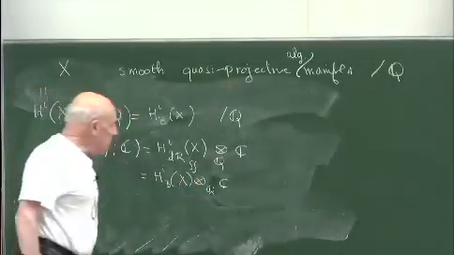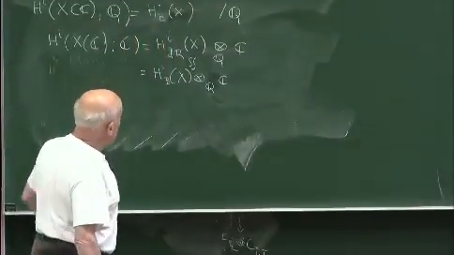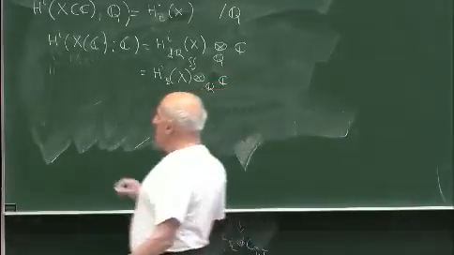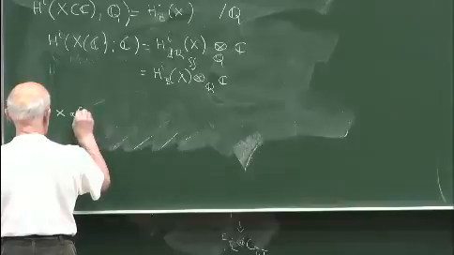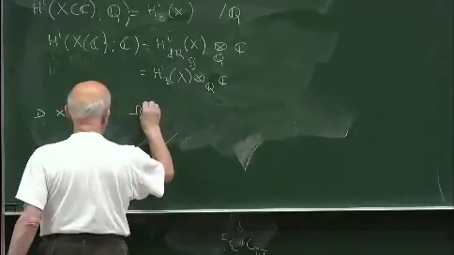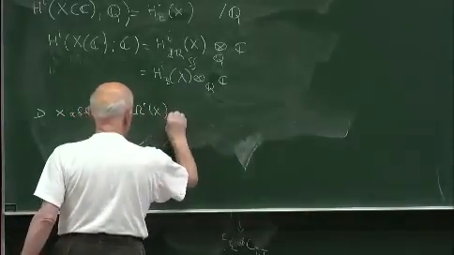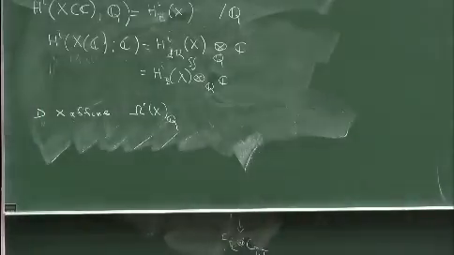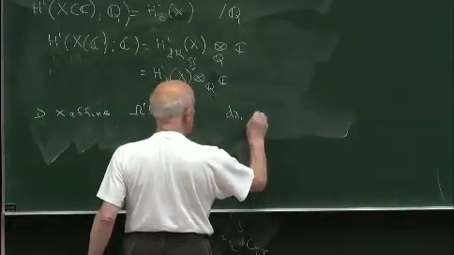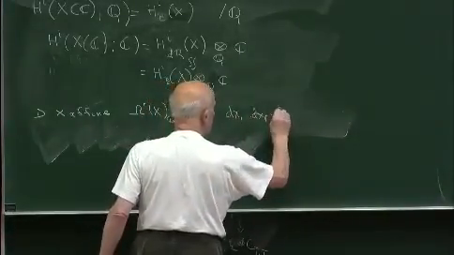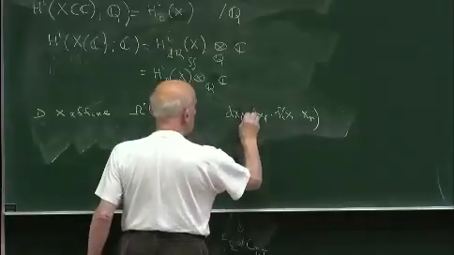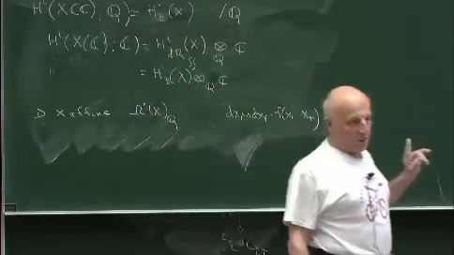Now, how did Grothendieck define this? Well, I will give a simple minded definition. First of all, when X is affine, take Omega^r of X over Q to be the differential forms of the type dx1 ... dxr multiplied by f of x1 ... xr, where f is a rational function.